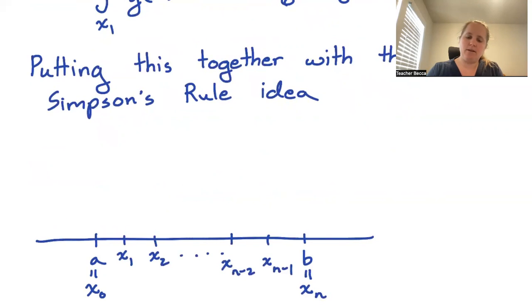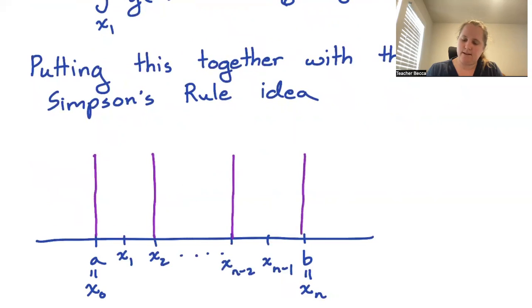Again, the parabolas are going to run from a or x0 to x2, from x2 to x4, and from xn minus 2 to xn, with our midpoints at the odd xi's. So we have our parabola approximations.